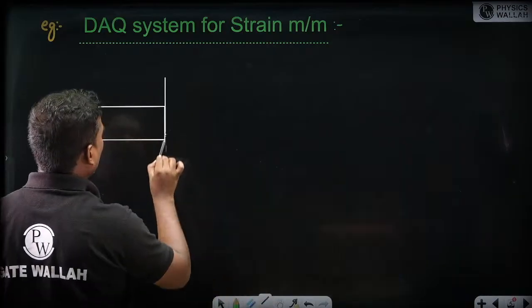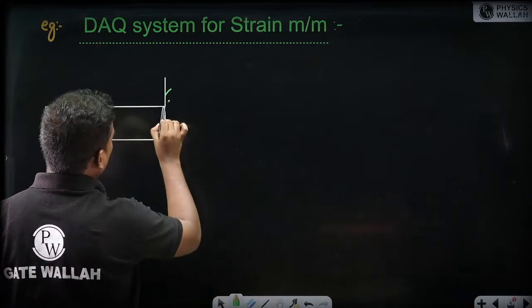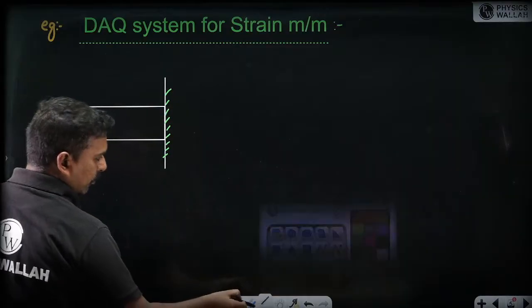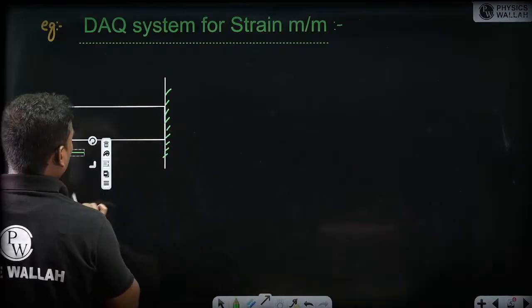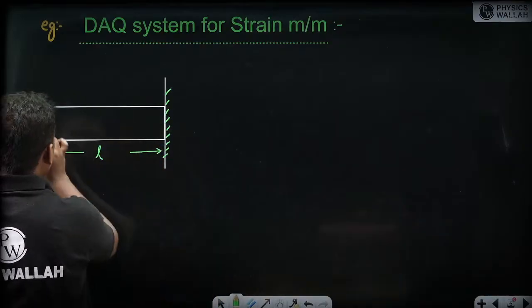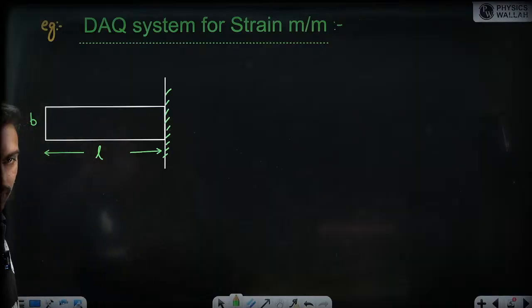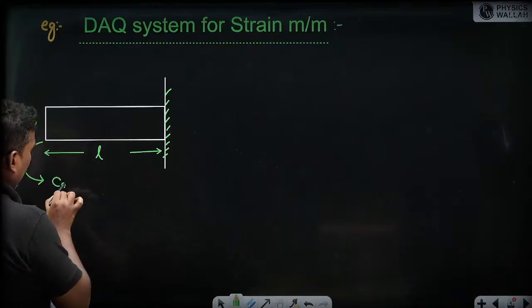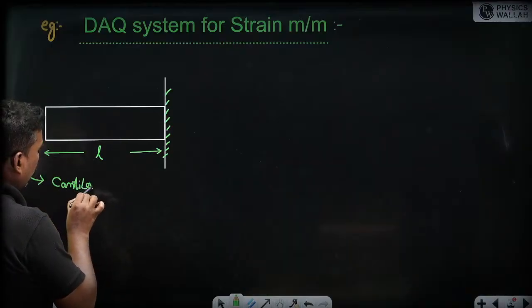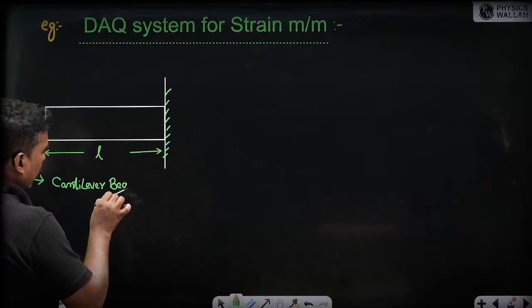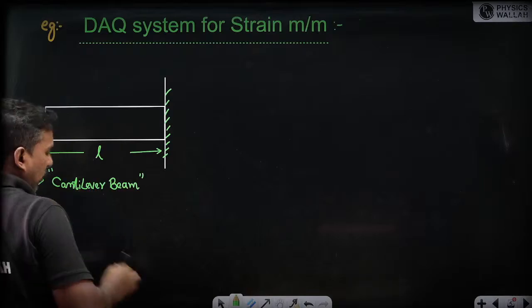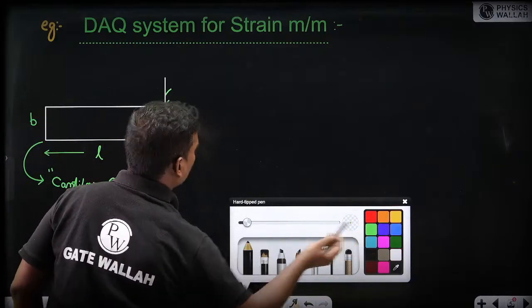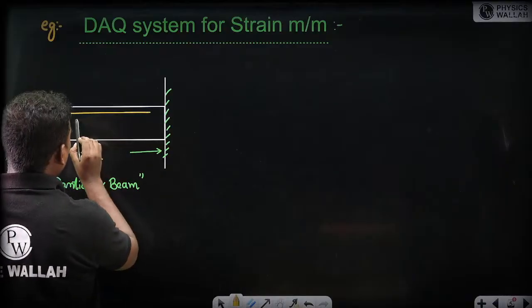For this cantilever beam, we are having certain length, and this is the breadth. So on this cantilever beam, you are keeping the strain gauge.